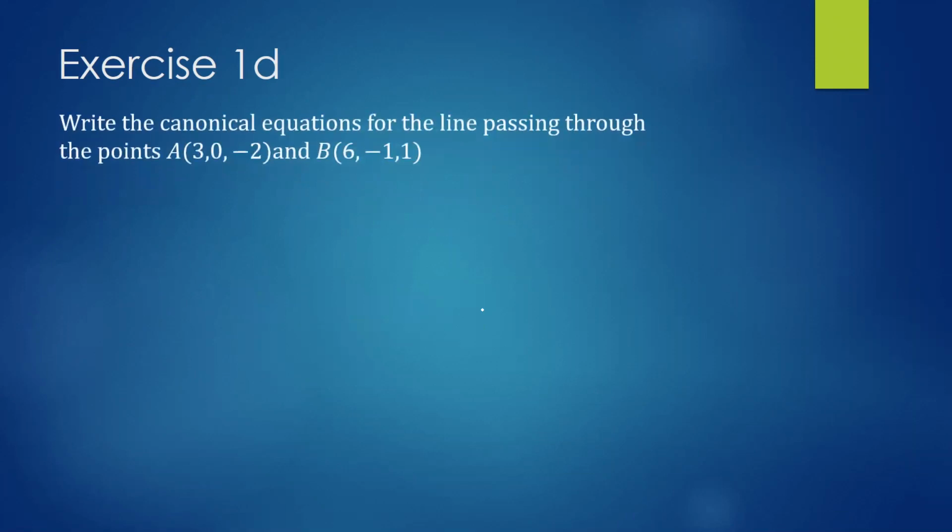Next one, 2 points. So in principle, we can imagine the situation. We need the canonical equations. So point A, point B. I would prefer to do it this way. I say, okay, the direction vector S will be the vector AB.